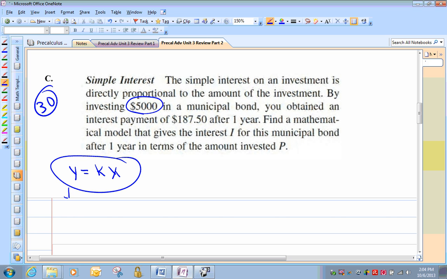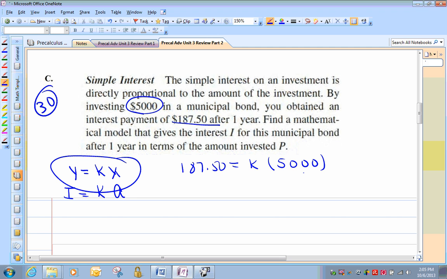Remember, this would be our interest, and this would be the amount invested. I'm going to make it A for amount invested. So by investing $5,000 in a bond, you obtain an interest of $187.50 after 1 year. So our interest, $187.50, would equal our constant times the $5,000 invested.